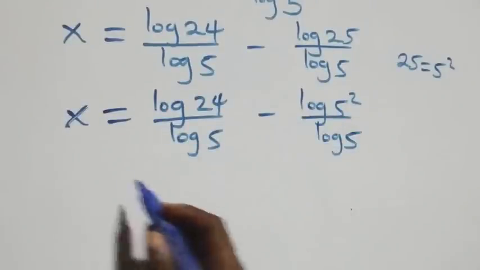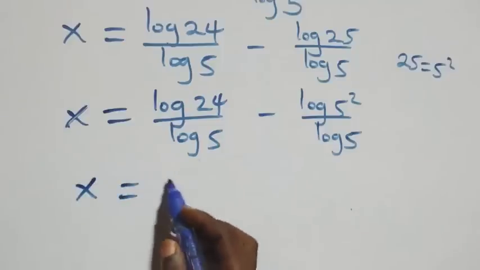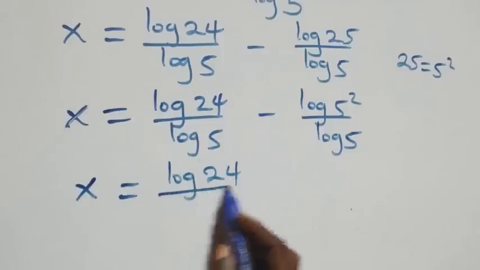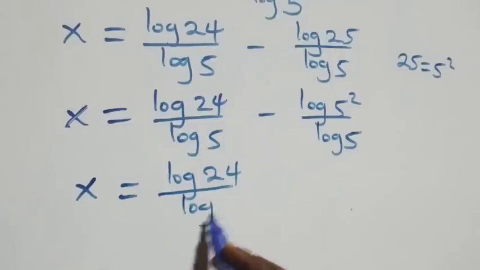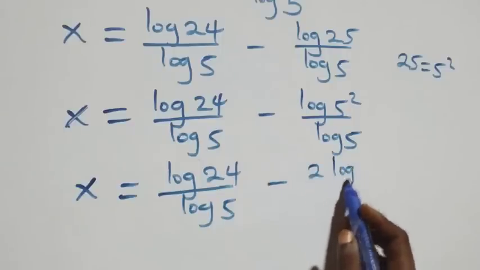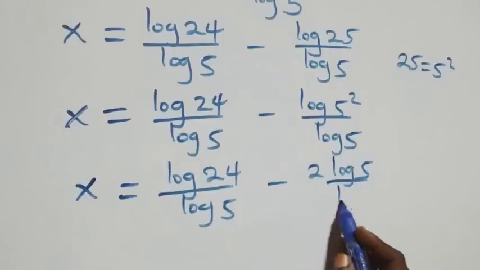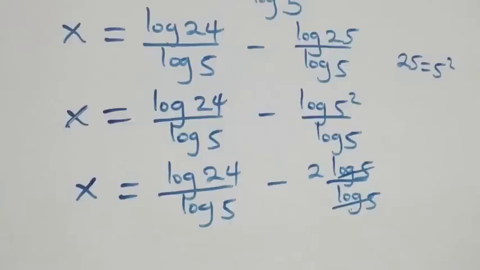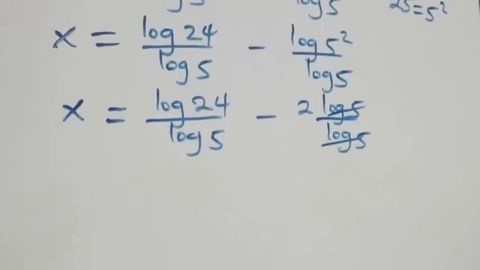Then what we have becomes x equals log 24 over log 5 minus 2 log 5 over log 5. That is, from here, log 5 cancel each other, and we have 2 left.